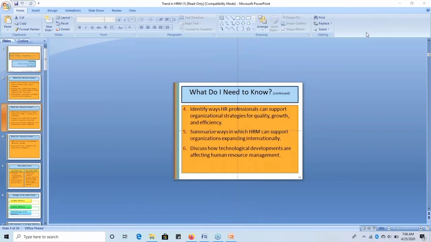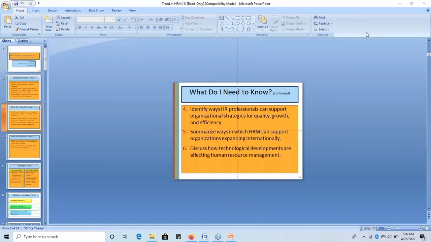From there, we look at the summary ways in which HR can support organizations expanding internationally. Look at Zenith Bank today, Guaranty Trust Bank, UBA. They have all expanded their horizon by having international branches, both within sub-Saharan Africa and even in Europe.